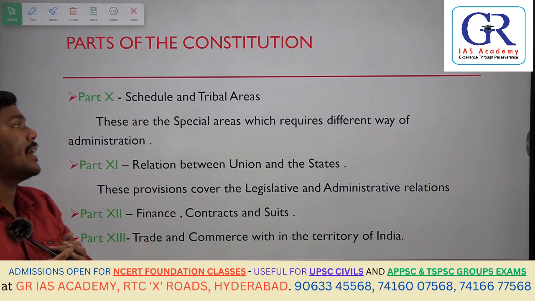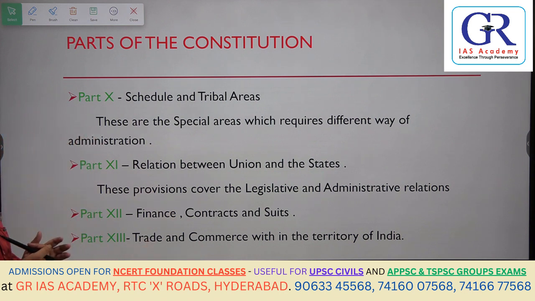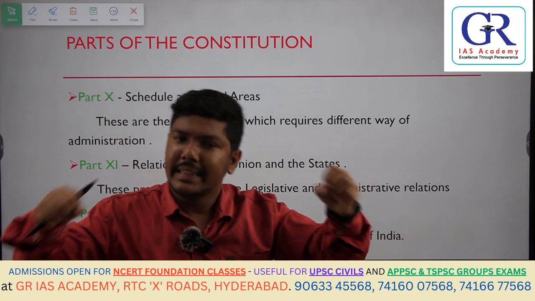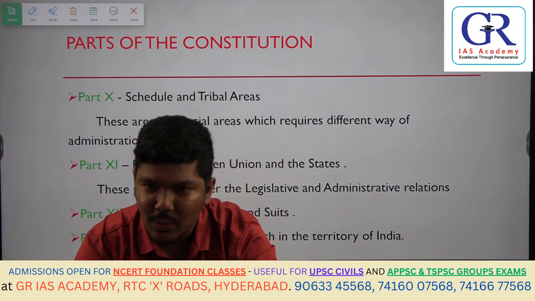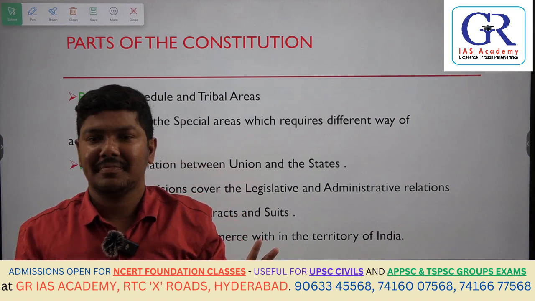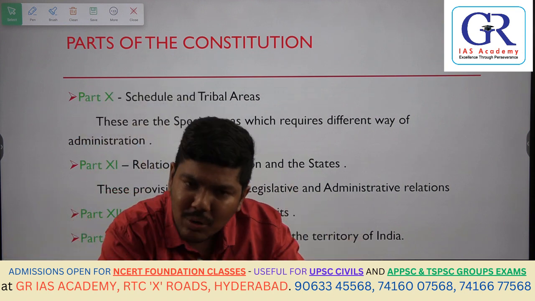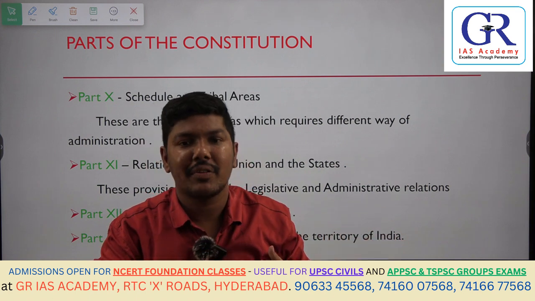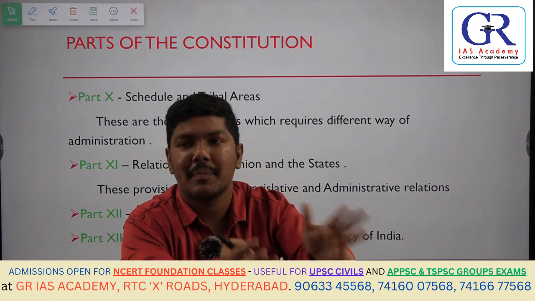That's it. Then, apart from states and union territories, there are certain areas which require a special administration because they are somewhat backward in nature. So it is again the duty of the government to ensure a special type of administration.